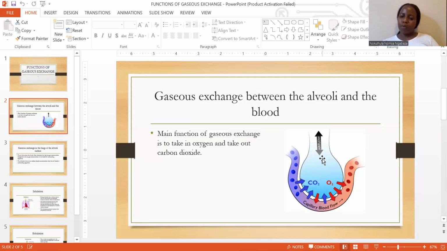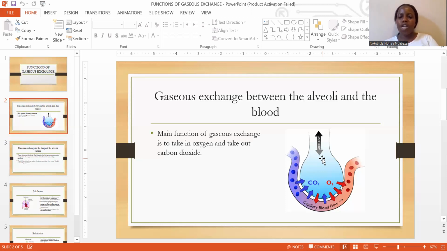When it is absorbed into the alveoli, it goes to the blood. Once that oxygen reaches the blood, it is transported to all the body cells that we have. At the same time, the oxygen that won't be used leaves your body cells as carbon dioxide.